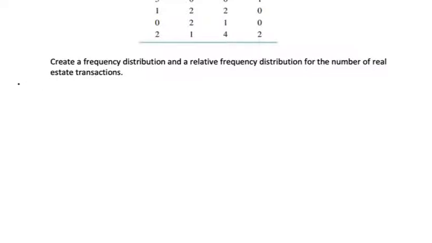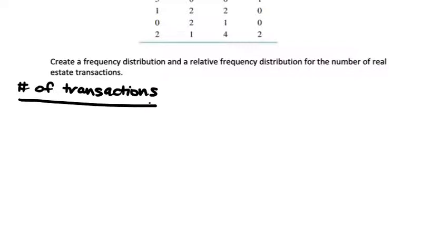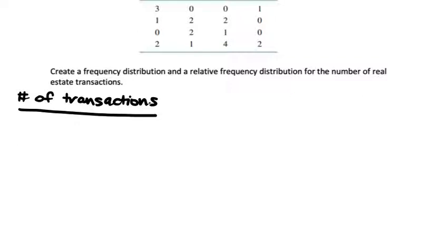So I'm going to have number of transactions for my first column in the table. And looking at my data set, the number of transactions could have ranged anywhere from 0 to 4. And it obviously has to be a whole number. So we have 0, 1, 2, 3, and 4 is the highest number in my data set.